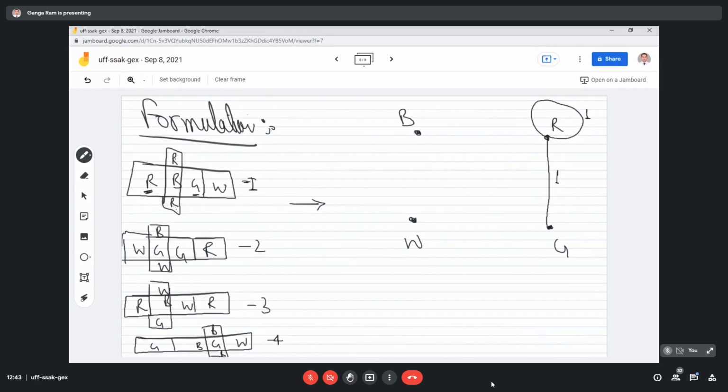Now come to this. This is the top face and this is the bottom face. The opposite of top is white, meaning the bottom is colored B and the other is colored W. So B and W is also represented by 1. Is it clear?